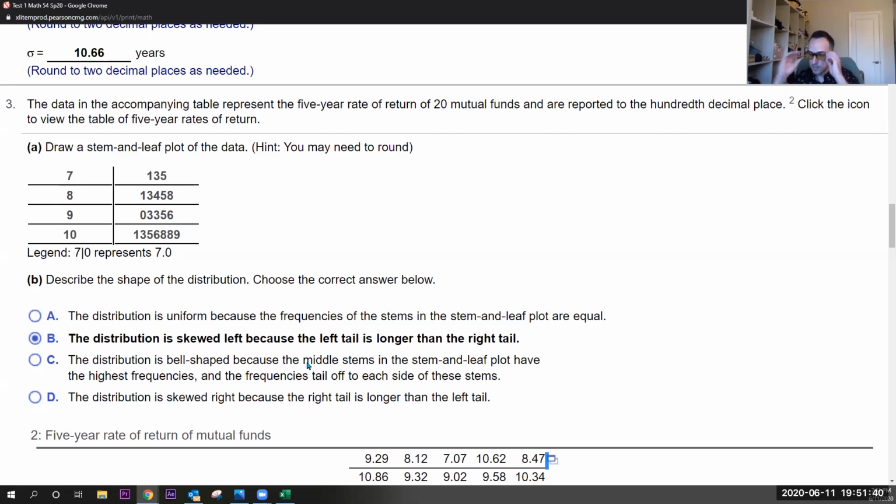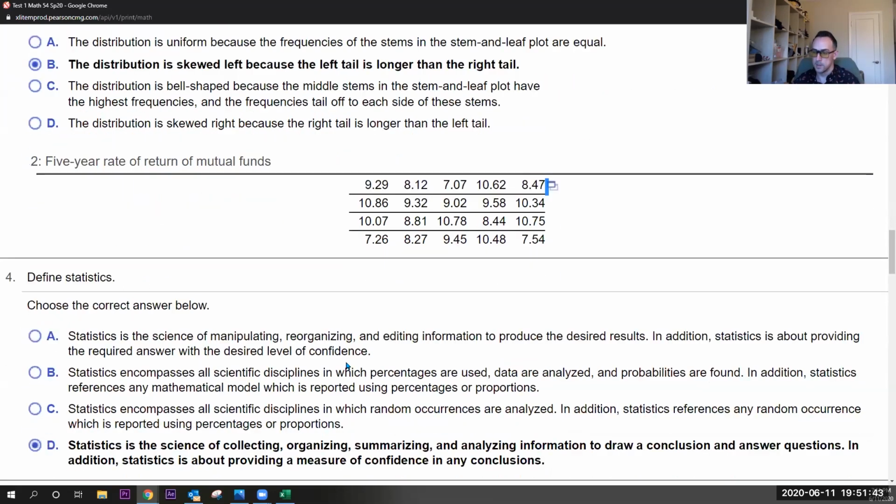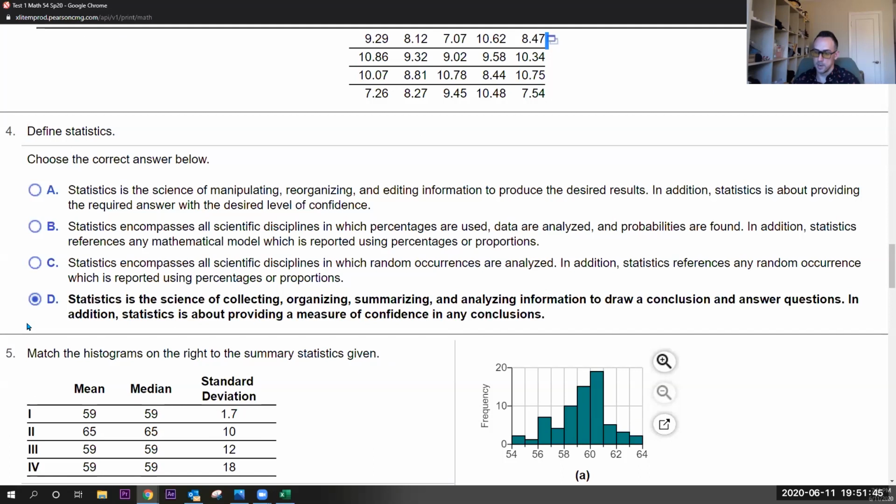And then let's see, what else is there in this test? Define statistics. I have the answers there. Should I get rid of the answers or is that okay? I could print this where you don't see the answers, but they're saying statistics is the science of collecting, organizing, summarizing, and analyzing information to draw a conclusion and answer questions. In addition, statistics is about providing a measure of confidence in any conclusion.